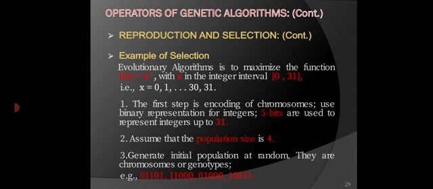For example, 01101, because we have 5 bits, and 11000, and so on. For population size 4, we randomly select the initial population like this.